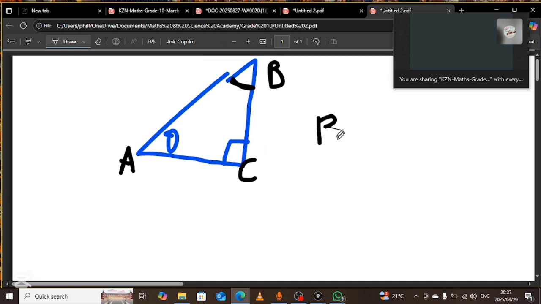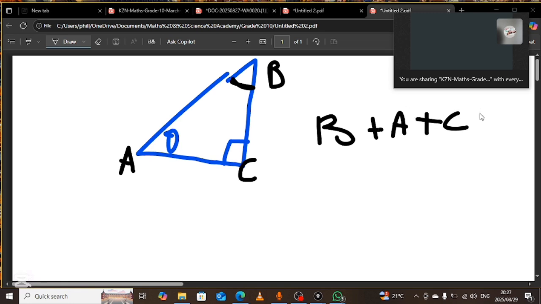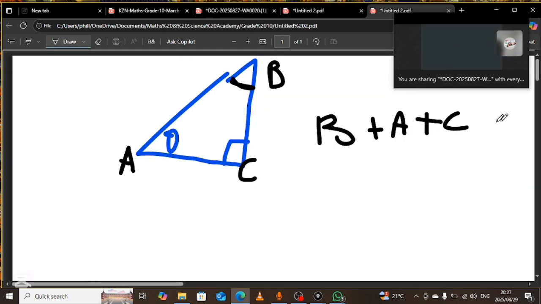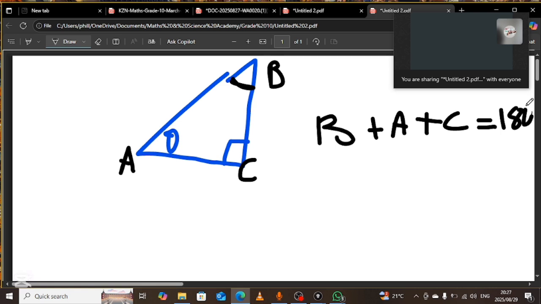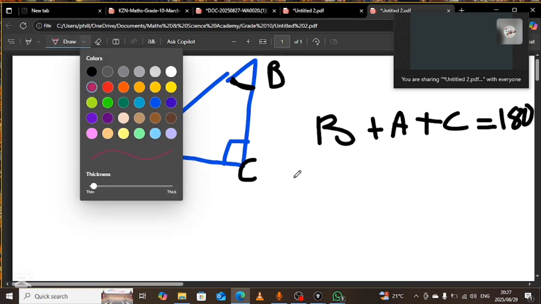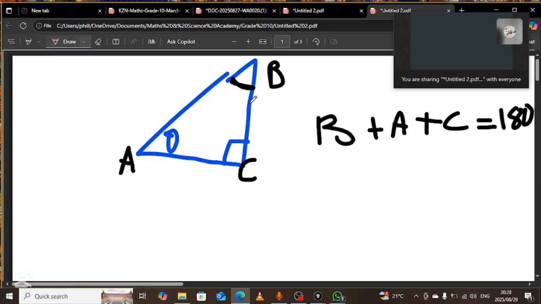So we're going to say B plus A plus C is equal to 180. But we already know what angle A is. Angle A is theta. And angle C is 90 degrees.